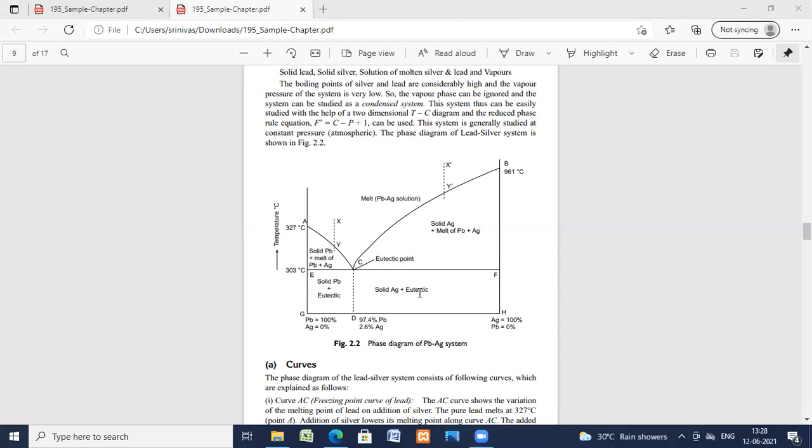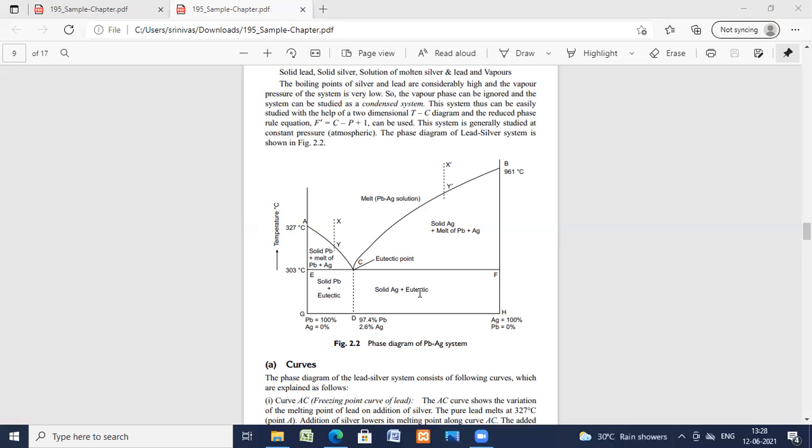Based on the nature of the solid phases that get separated out during cooling the system, this type can be divided into following types. Two components do not form any compound, and on solidification they simply form intimate mixture known as eutectic mixture.